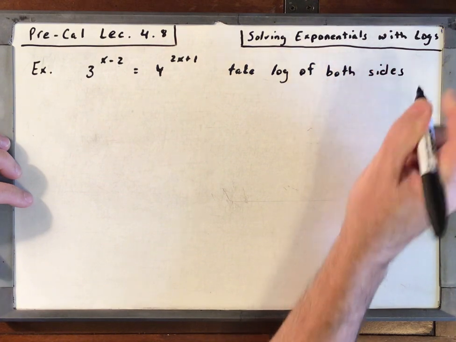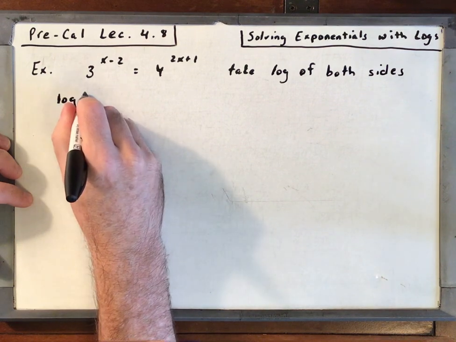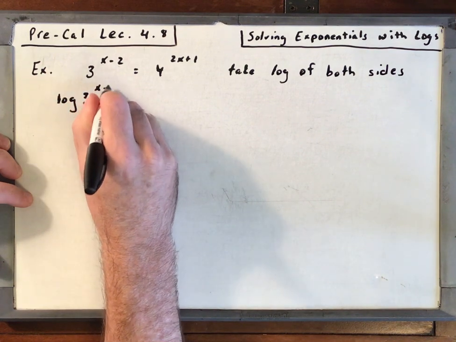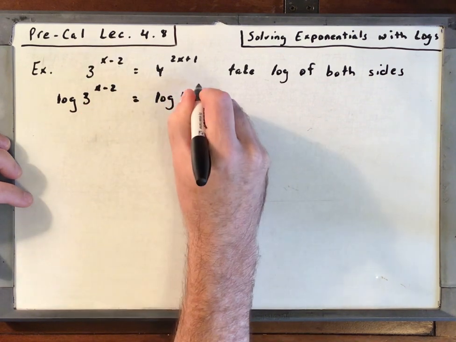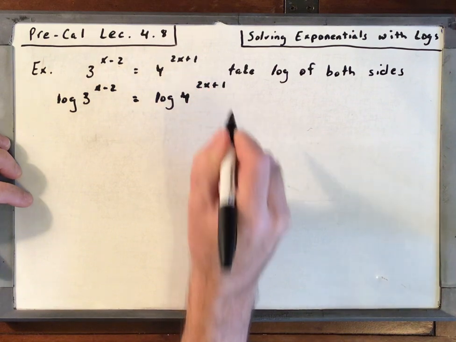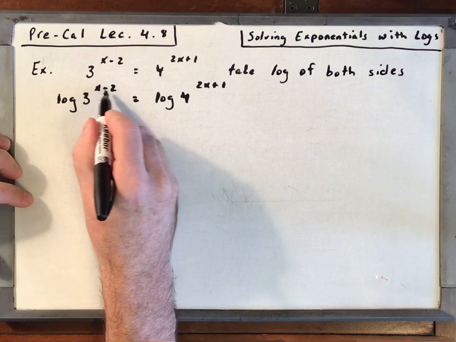That's totally legal as long as you do it to both sides. So we've got log of 3 to the x minus 2 power is equal to log of 4 to the 2x plus 1 power. Now, using properties of logs, what can I do with these exponents?